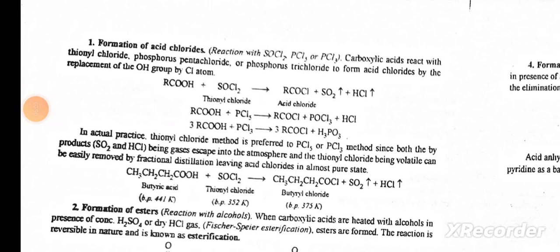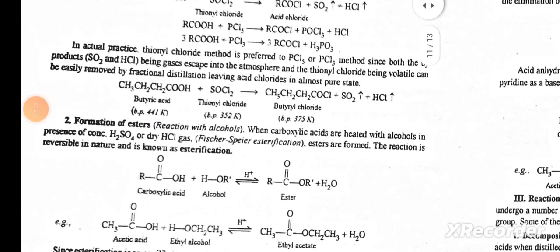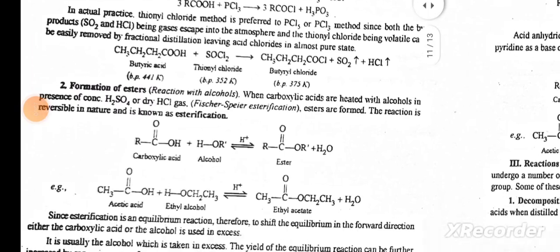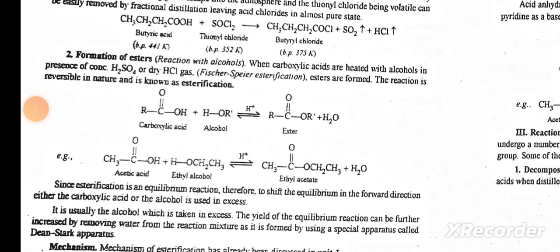In actual practice, the thionyl chloride method is preferred to the PCl5 or PCl3 method, since both the byproducts SO2 and HCl, being gases, escape into the atmosphere, and the thionyl chloride, being volatile, can be easily removed by fractional distillation, leaving acid chlorides in almost pure state. Butyric acid plus thionyl chloride gives butyryl chloride.